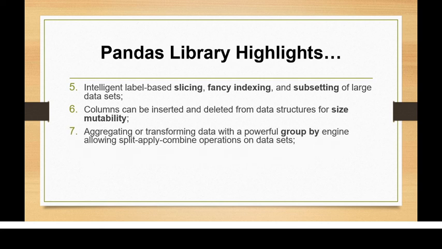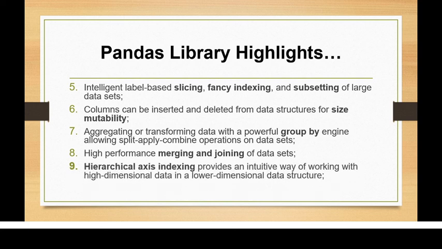Number 7, aggregating or transforming data with a powerful group by engine allows split, apply, combine operations on datasets. Number 8, further, Pandas has high performance merging and joining of datasets. Number 9, hierarchical axis indexing provides an intuitive way of working with high dimensional data in a low dimensional data structure.